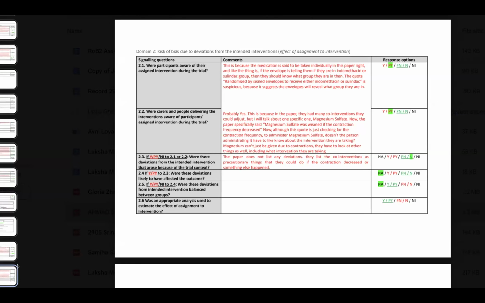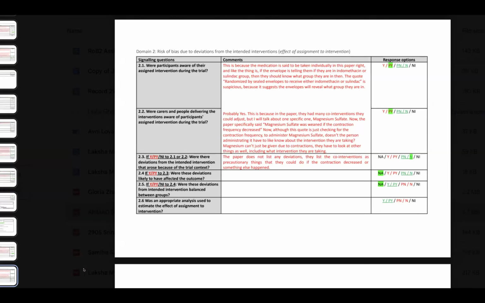I don't know if I think that for this one, he's talking about magnesium sulfate, I don't think it really depends on the intervention that's given, because it's just based on the contraction decreasing. So I'm not sure.